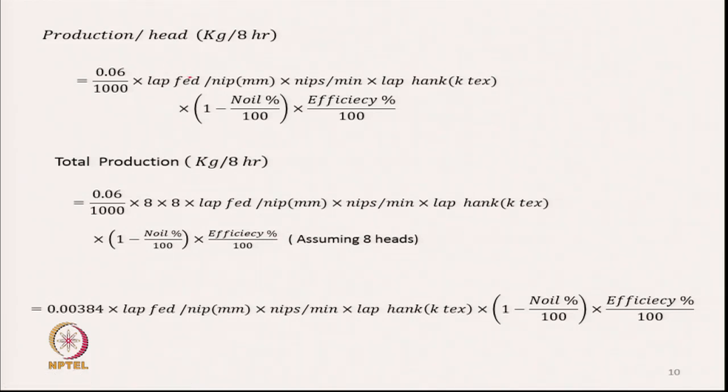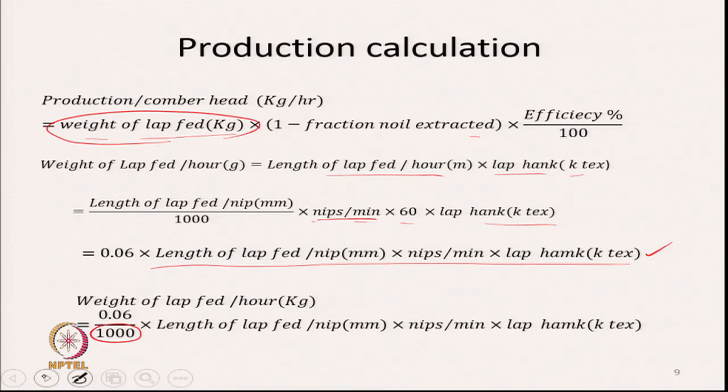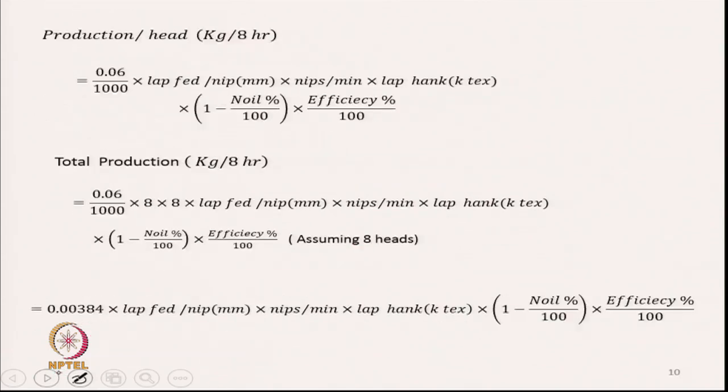So, if I want to know per head per 8 hours, whatever was the previous value needs to be multiplied by 8. I think the 8 is missing here. This will give me the production per 8 hours.